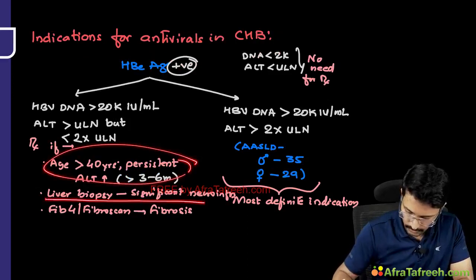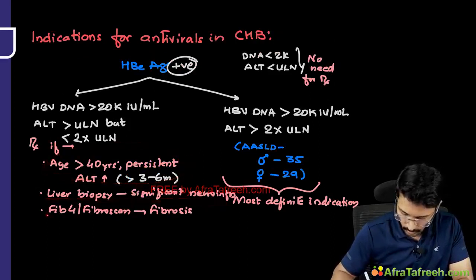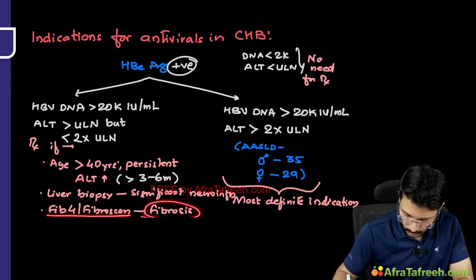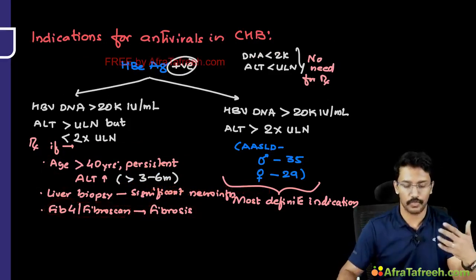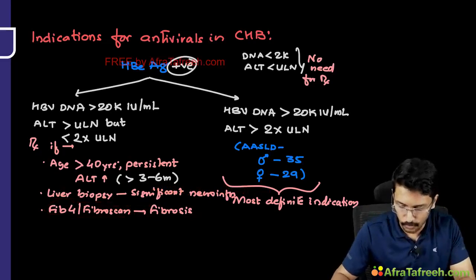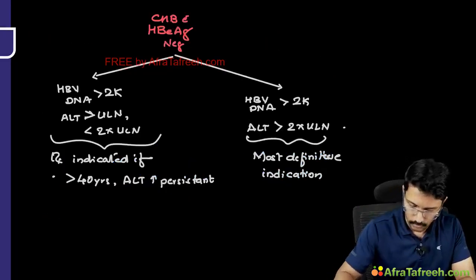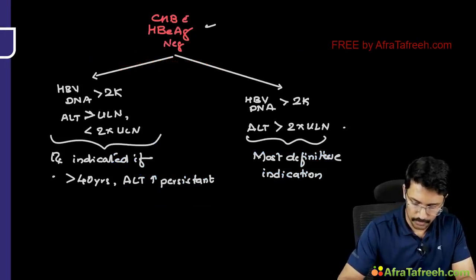If there is liver biopsy evidence of significant necroinflammation, or there is evidence of significant fibrosis on non-invasive tests, including MR elastography or fibroscan or FIB4, APRI, in all those cases we will be initiating the patient on treatment.